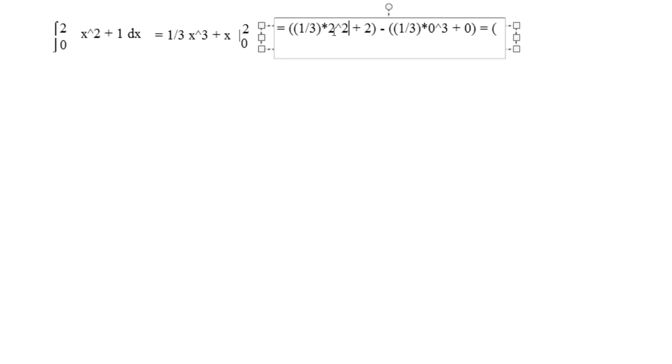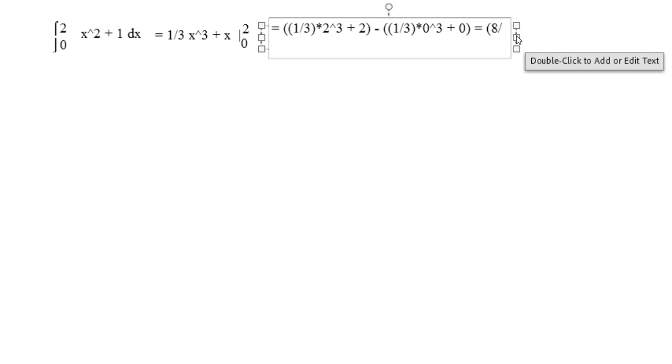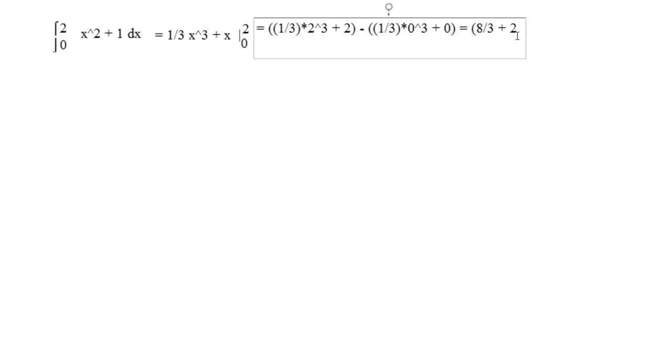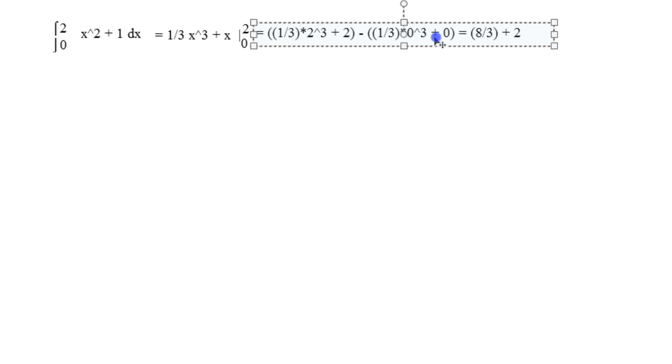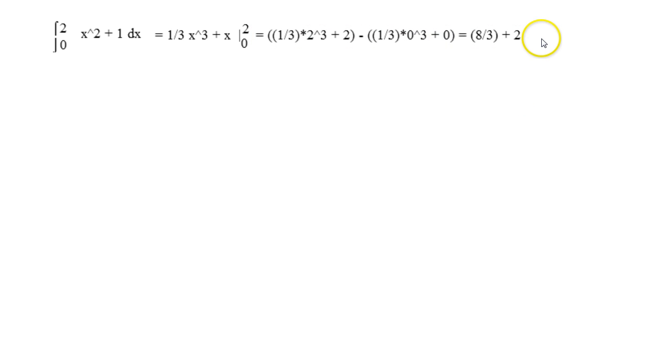This should turn into a 3. Okay, so this is going to stay as 8/3 plus 2, and that's going to turn into 14/3, and voila, there you go.